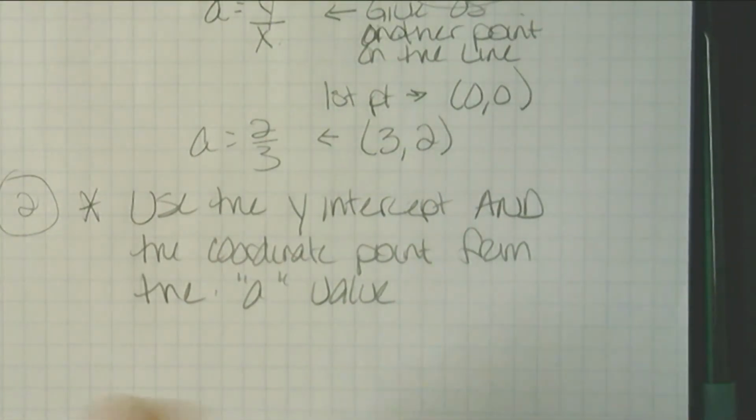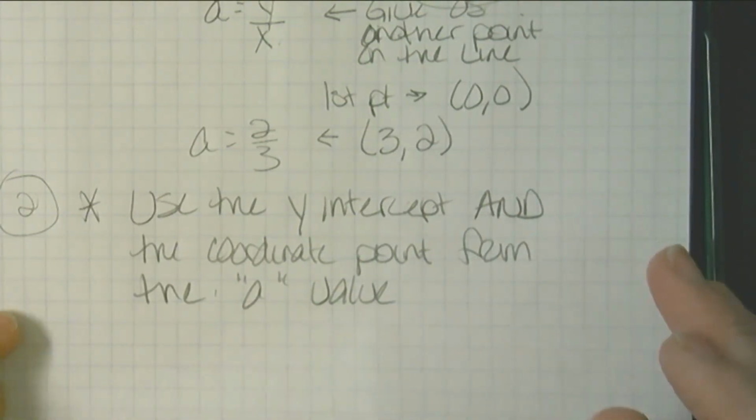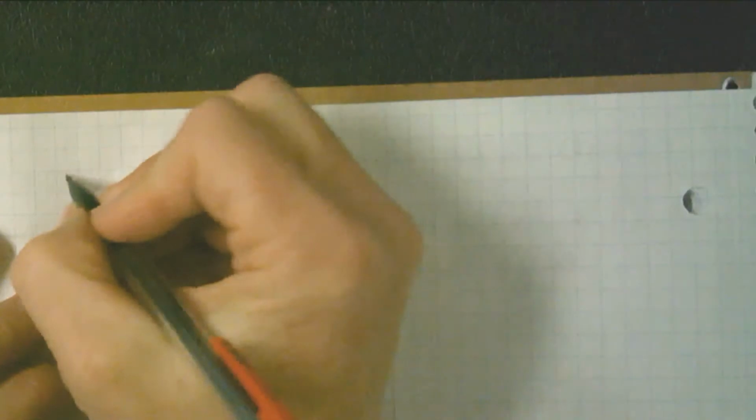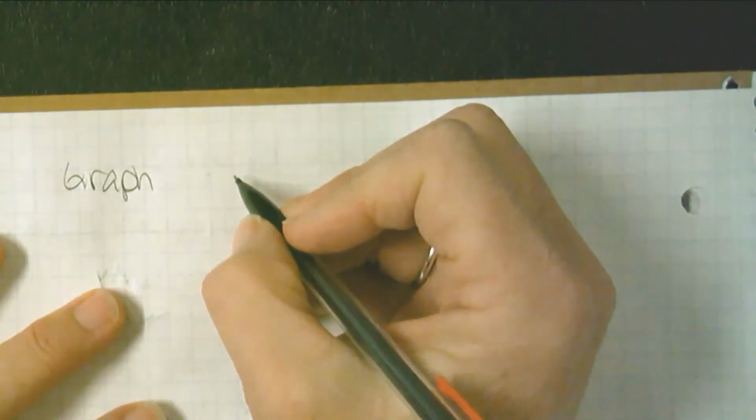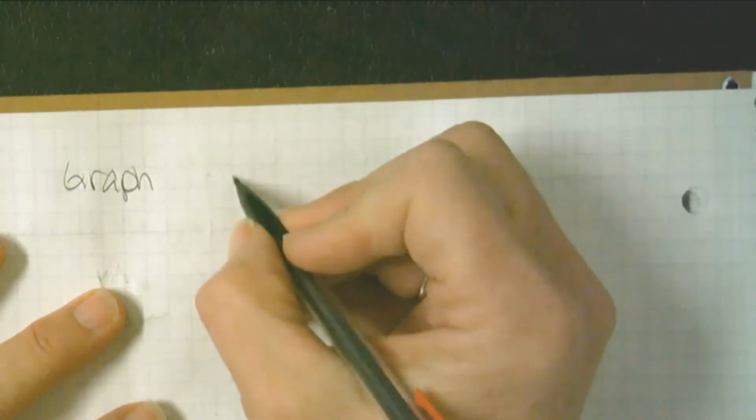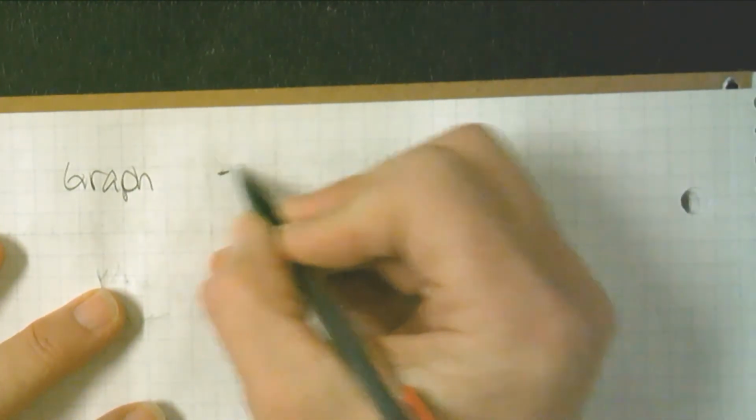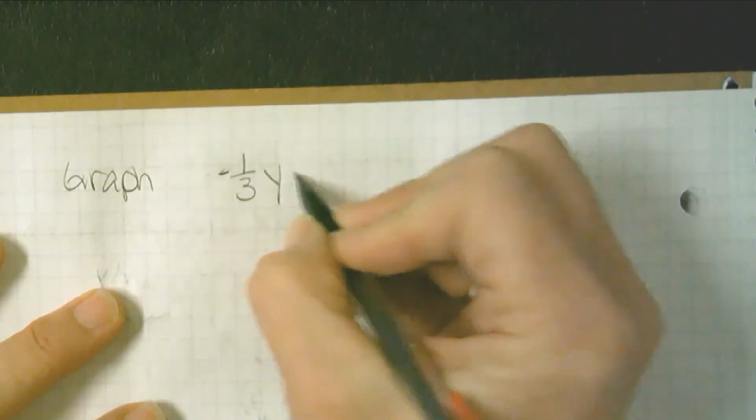All right, so let me give you another one that I want you to graph, and I want you to keep that way in mind. Are you guys good so far? Okay. Who needs to see what's up there? Okay, so I want you to graph negative 1/3 y is equal to x.